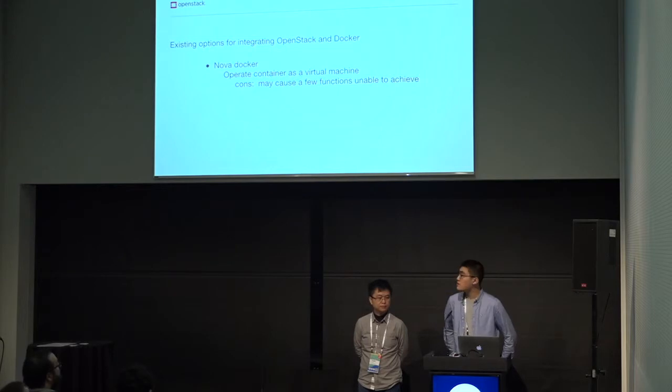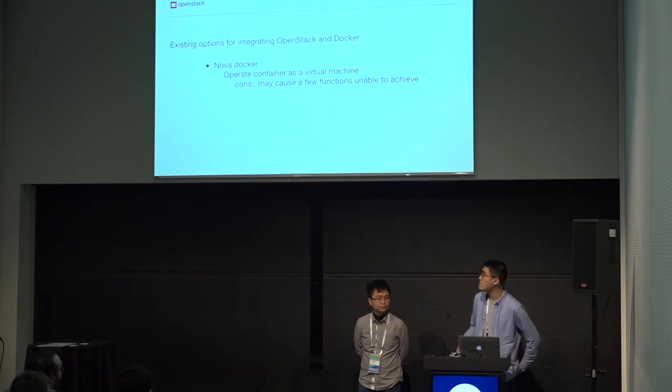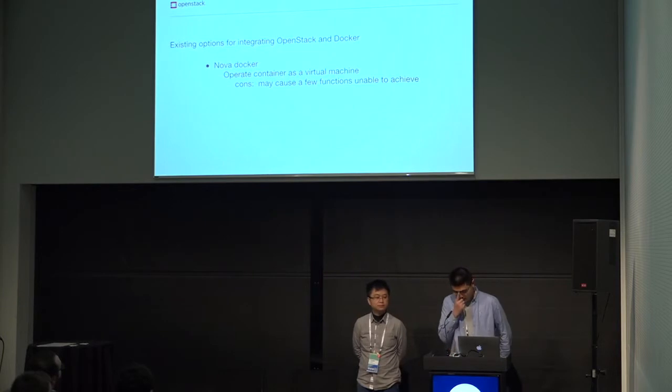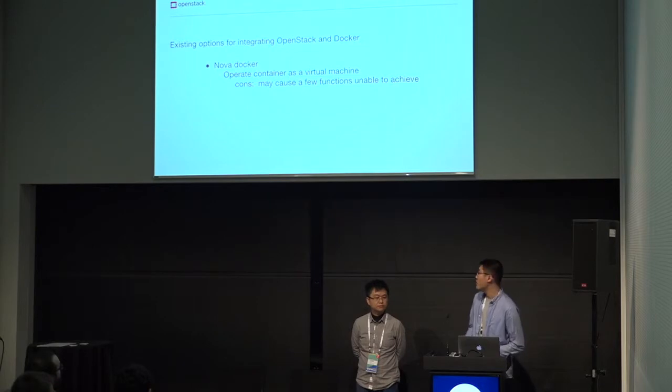For example, you can start, stop, and so on. But the disadvantage of Nova Docker is that there are still some differences between VMs and Docker. The VM-like model may cause a few functions to be unachievable, like port mapping and so on.